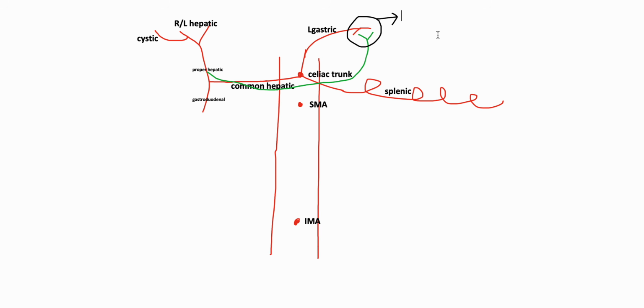So this is an example of an internal collateral of the celiac trunk of the right and left gastric arteries, forming an anastomosis around the lesser curvature of the stomach.